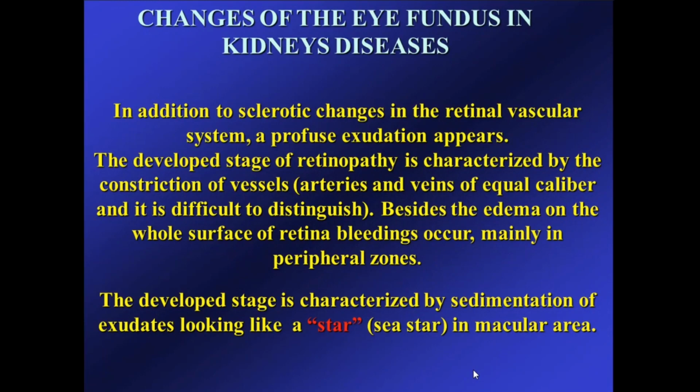The developed stage of retinopathy is characterized by constriction of vessels, and arteries and veins become of equal caliber. Besides the edema of the whole surface of the retina, bleedings occur mainly in peripheral zones. In the central part of the retina, in the macular area, we can see exudates looking like a star.